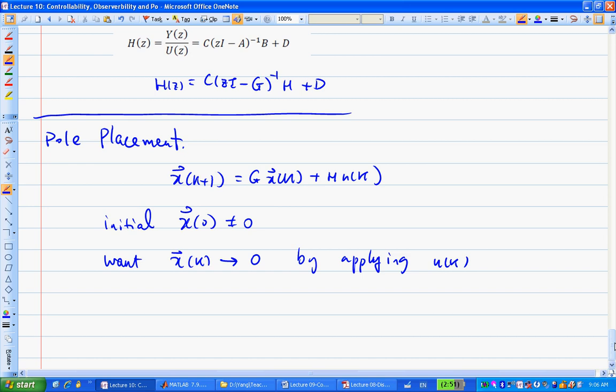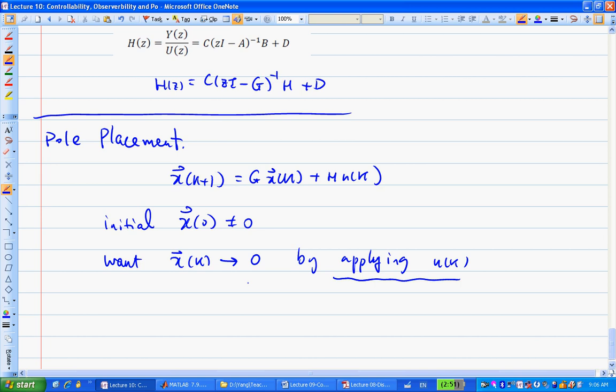What's the rise time? What's the percentage overshoot? And what's the settling time? Remember those things, right? So the question is, when you apply this u, how do we properly generate this u such that we can meet the specification?